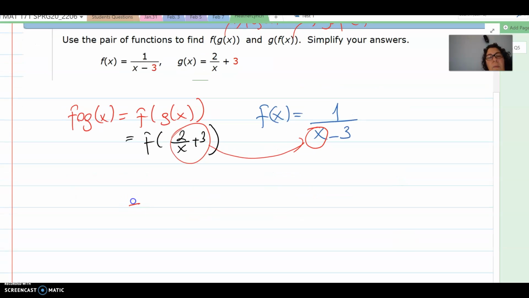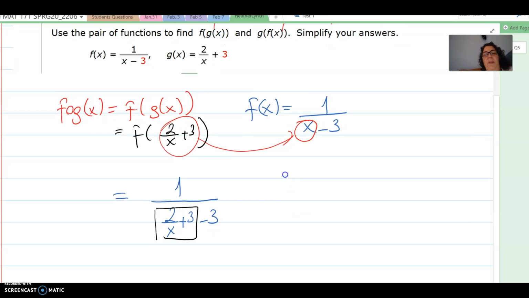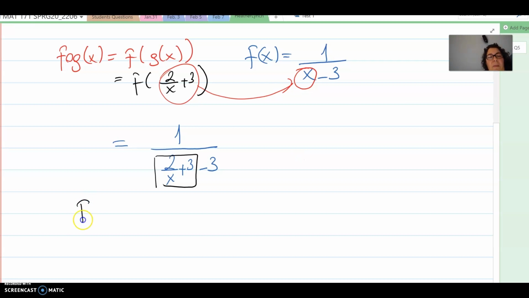So it will become 1 over, instead of x, because g is the inside function, we plug in here 2 over x plus 3, minus 3. This portion is the x input, but this time our input is the inside function, which is 2 over x plus 3. Okay, so let's try to simplify this.